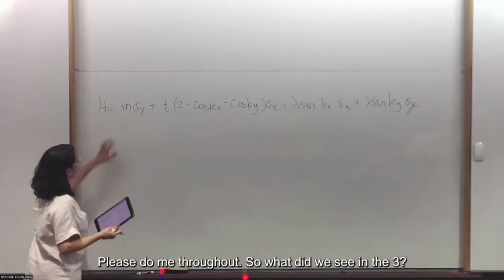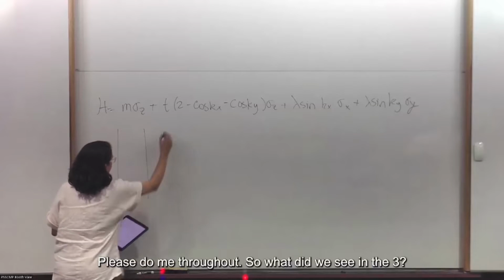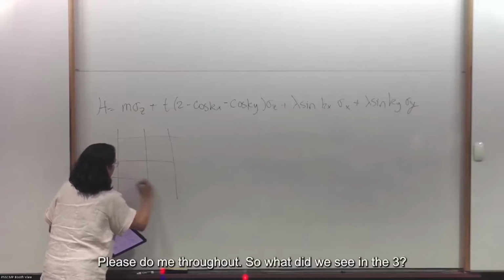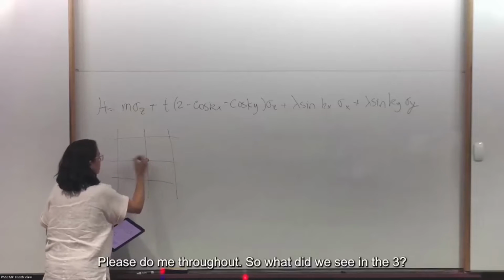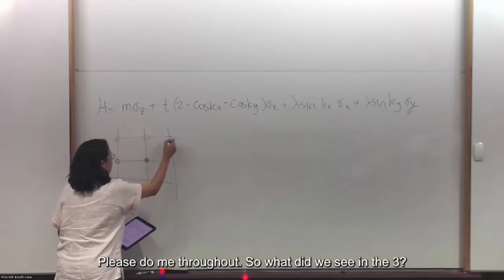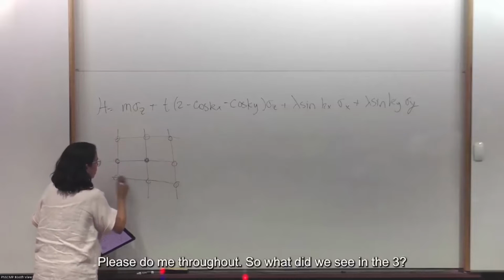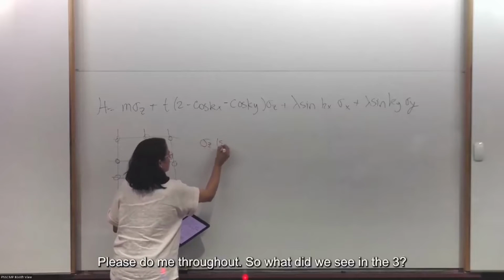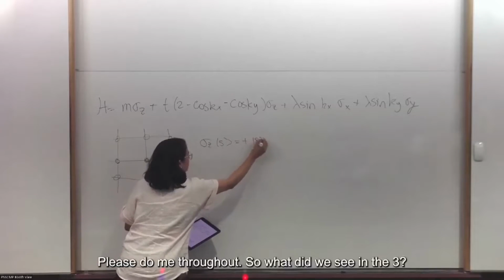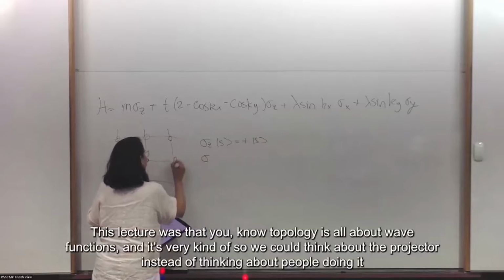And how can we interpret this? You can interpret this, for example, in a square lattice, having s orbitals, and that would be sigma z. The s orbital is plus s, and some p orbitals on top of it.